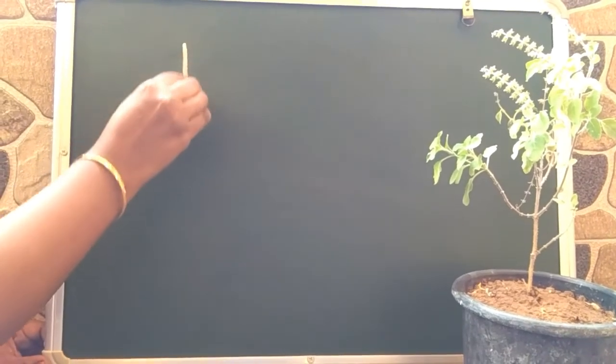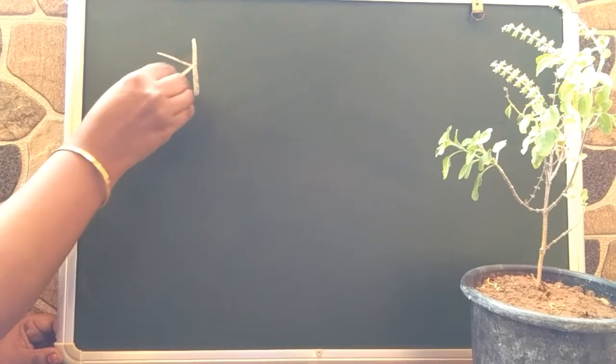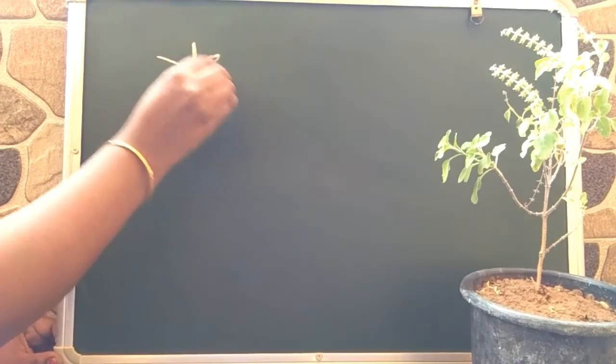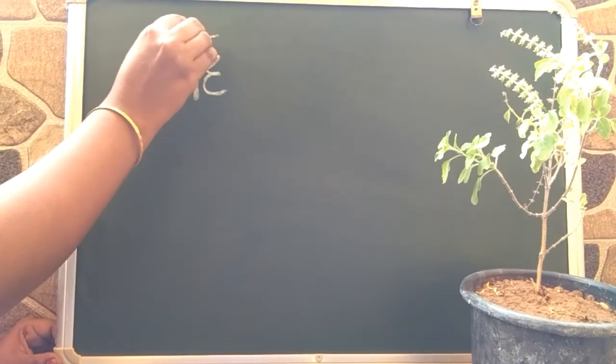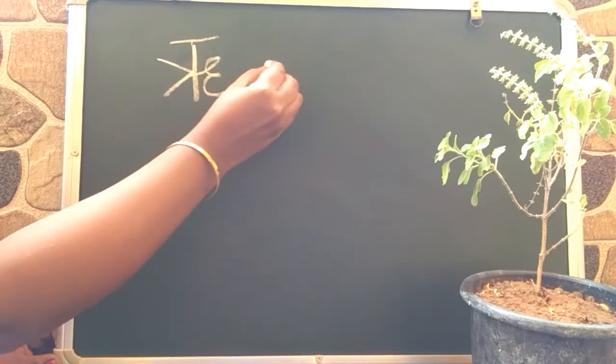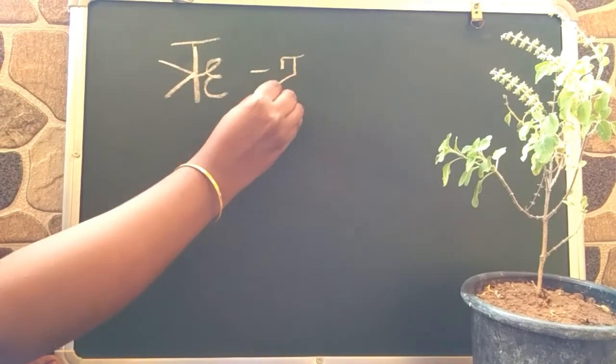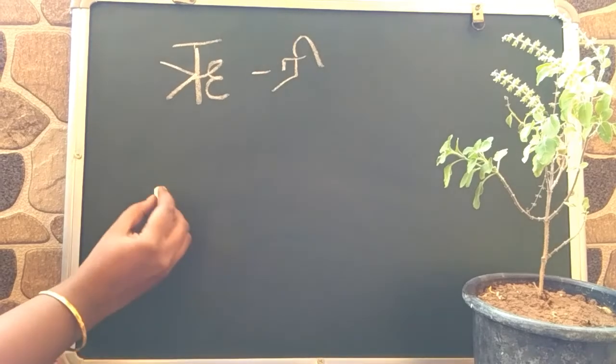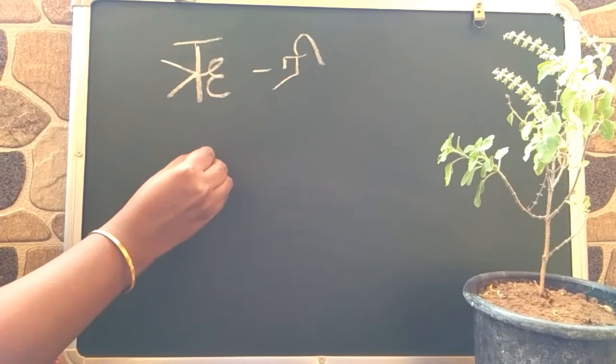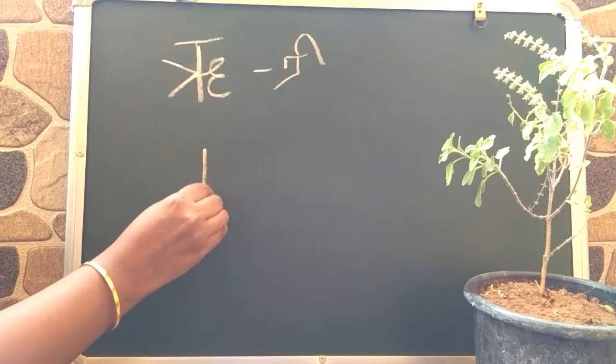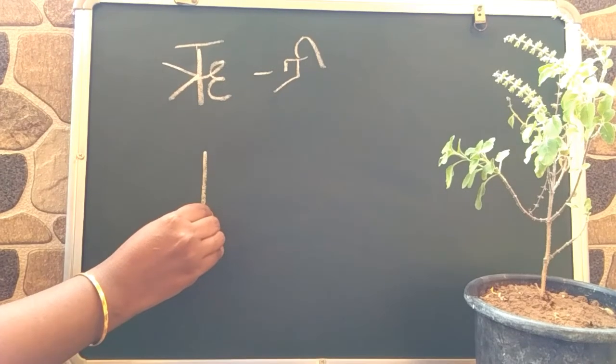Okay, children. Now I will teach you how to write ru. That can be told as ru or re. First, you have to draw one standing line like this.